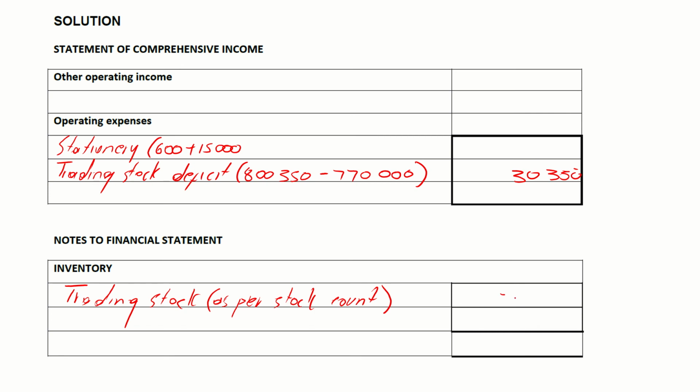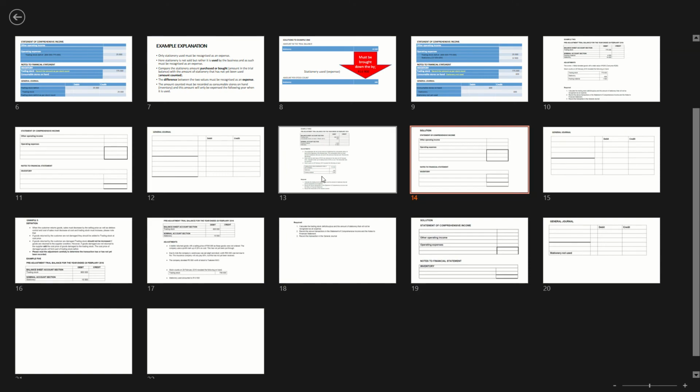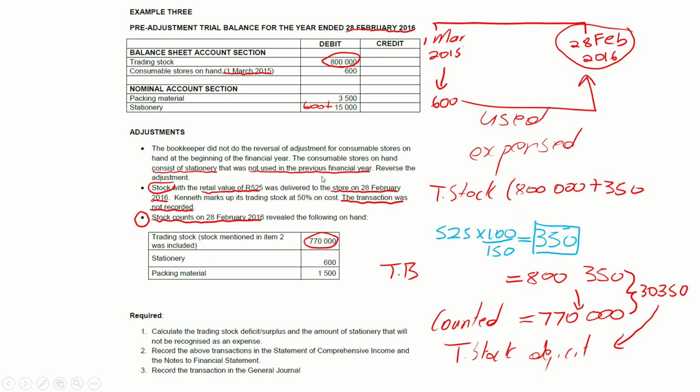Going back to the transactions. Then they said, on the same day, we counted stationery worth 600. So that is the closing balance of our stationery.